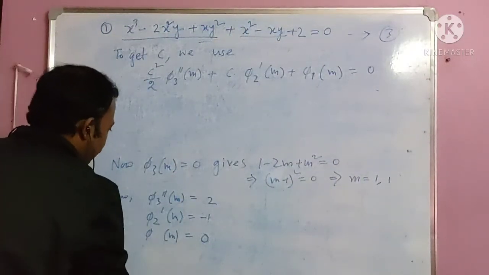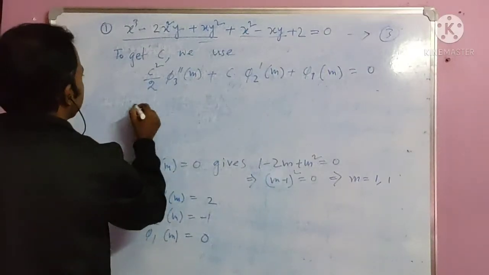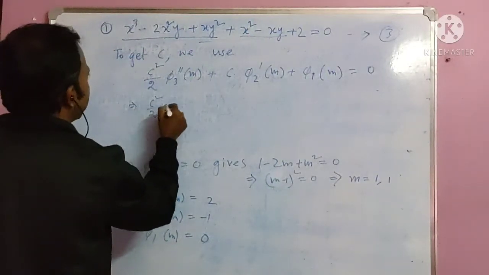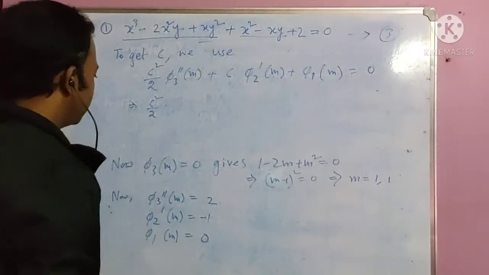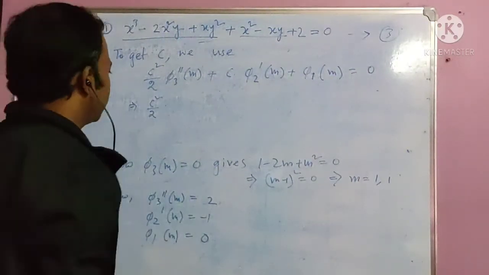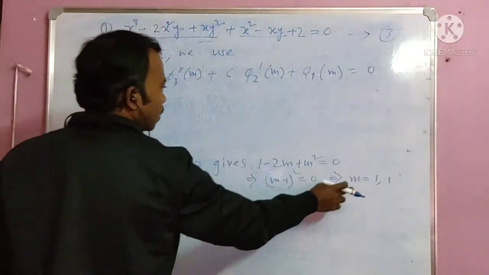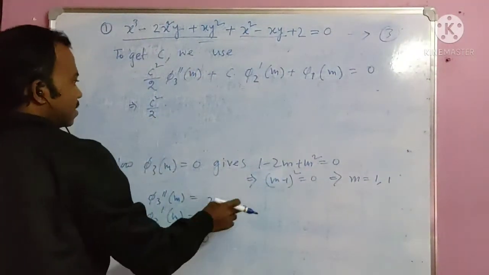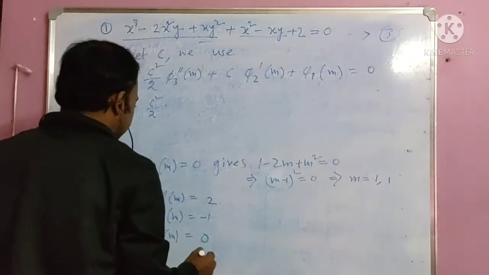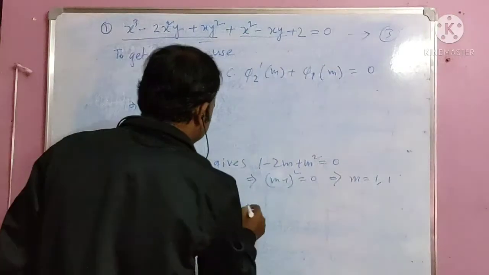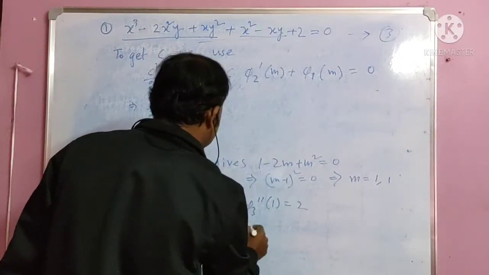Oh, of course, it's phi 1, a mistake. Okay. Now, this gives C square by 2 into phi 3 double dash m. What is it here? This is 2, for m equals to 1. Phi 3 double dash 1 also equals to 2.